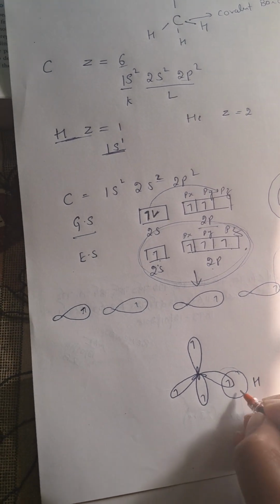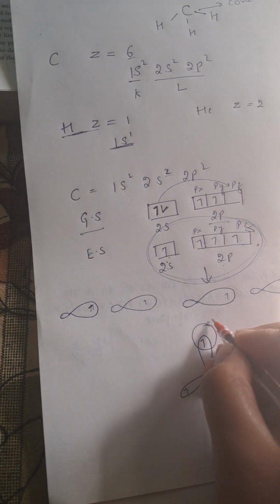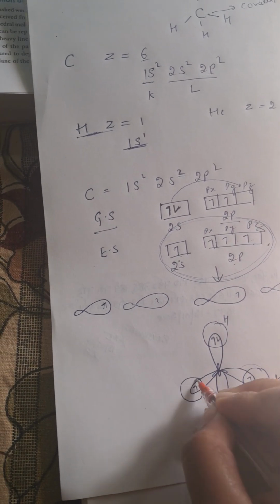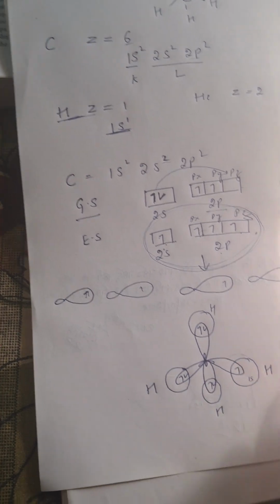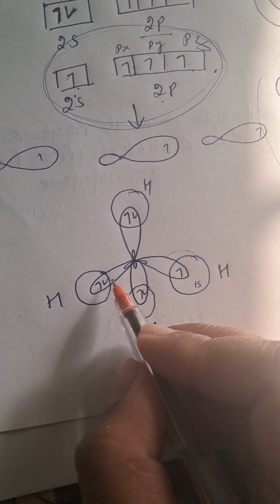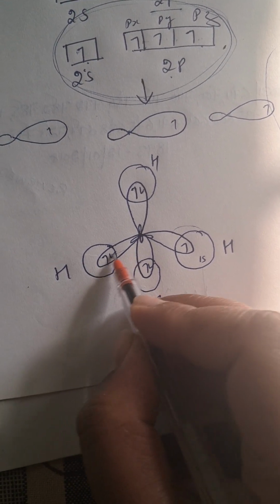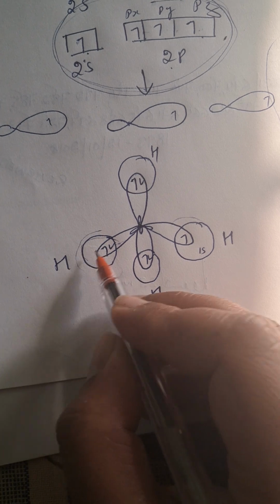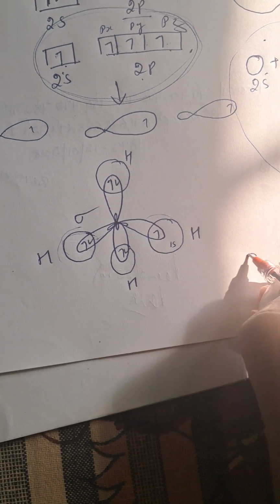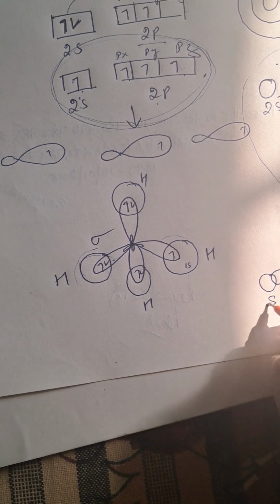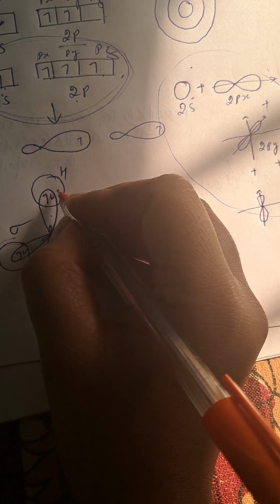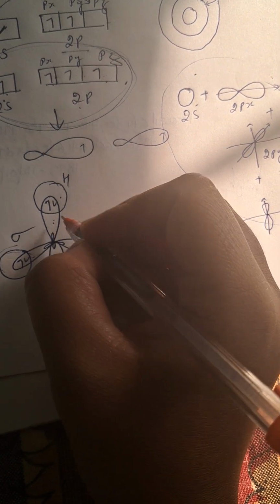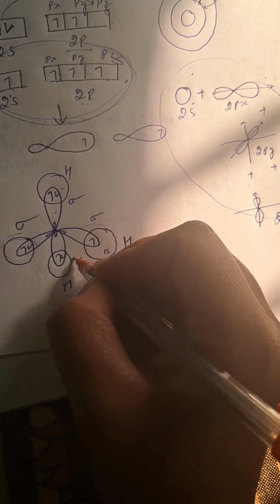Hydrogen with 1s comes into contact and shares its electron with the carbon. When carbon's electron and hydrogen's electron combine, one s orbital and one p orbital join together to form a sigma bond. So one s and one sp3 hybrid orbital will form sigma bonds.